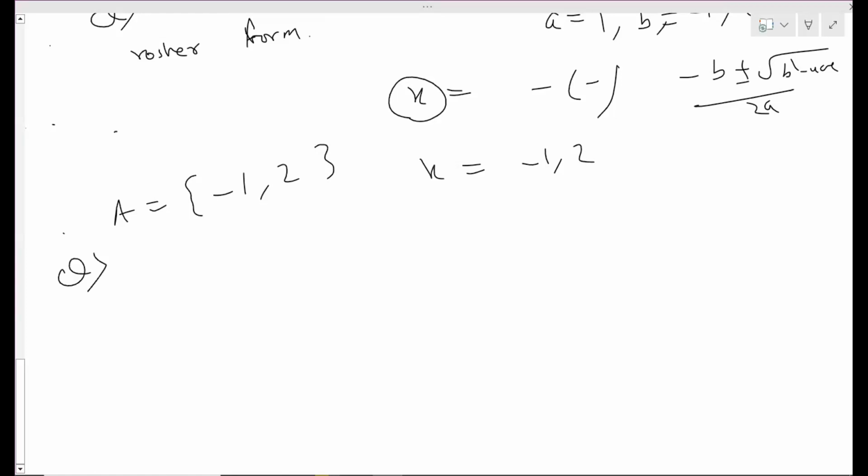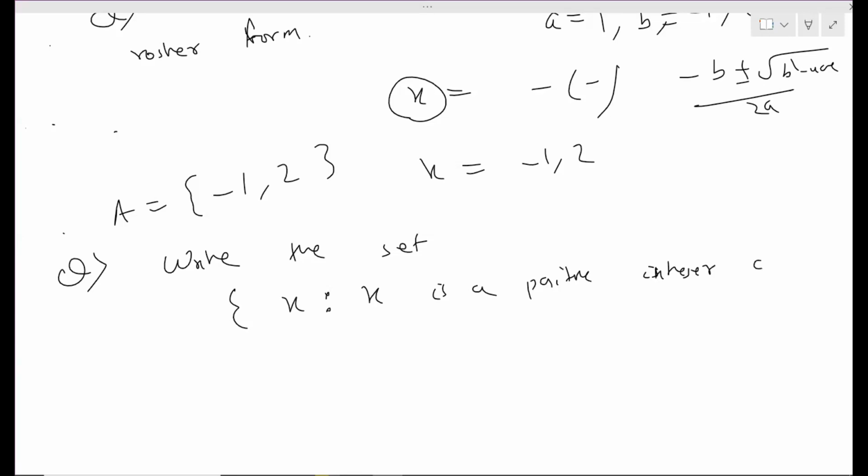Next question. Let's see who can solve this. Write the set where X is a positive integer and X square is less than 40 in roster form.